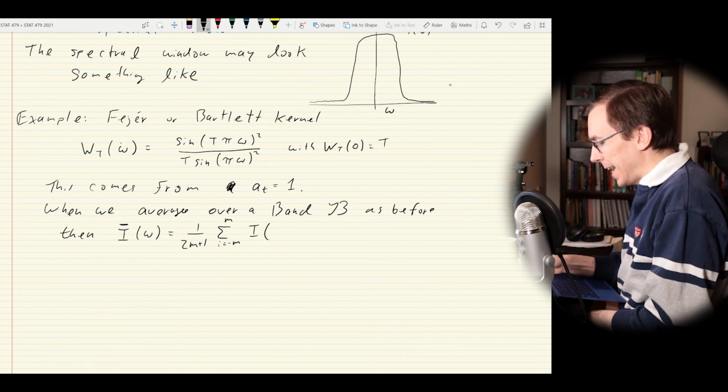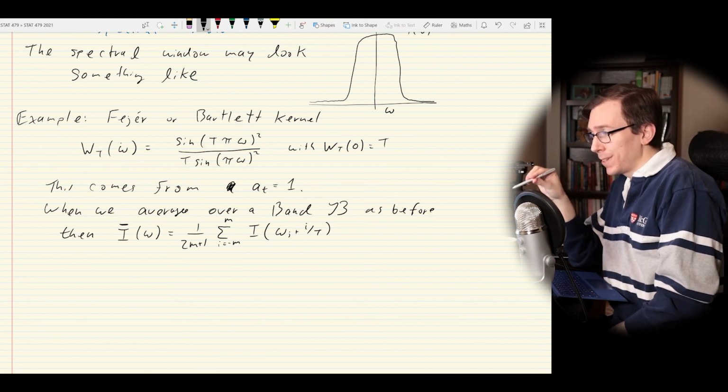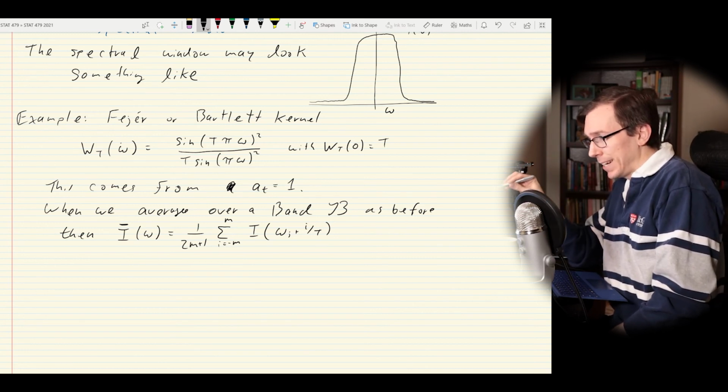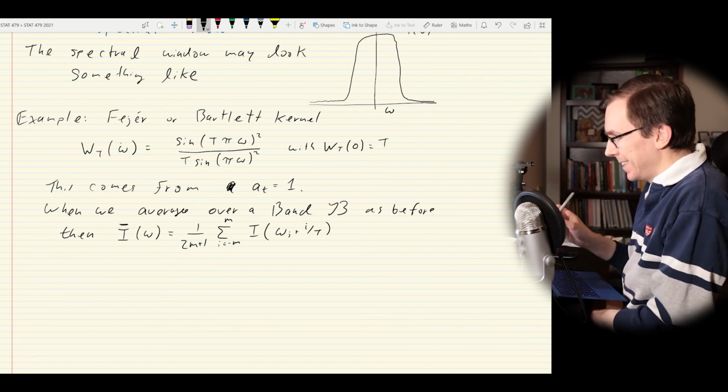What we do is we average over all these periodograms like that. It turns out that this is equivalent to tapering with a specific spectral window.